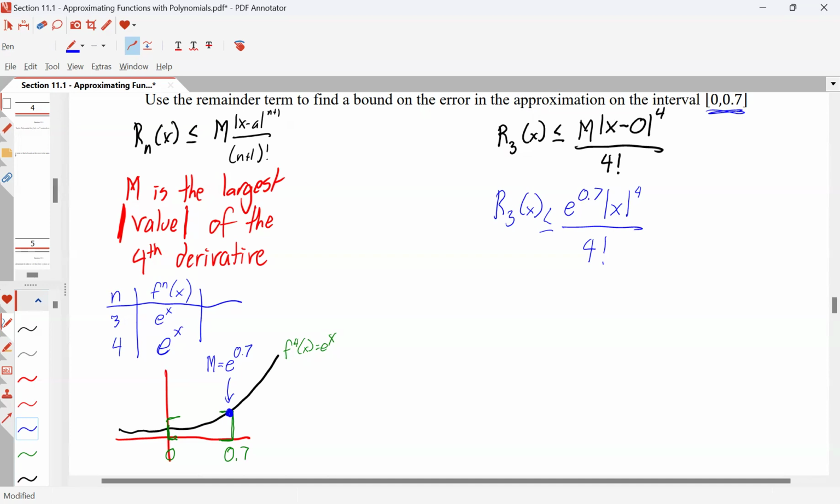And the number that makes x the largest is going to be 0.7. It's the thing that is farthest from the center of 0. So for whatever x on my interval I plug in, it's going to be less than or equal to e to the 0.7, 0.7 to the fourth over 4 factorial.